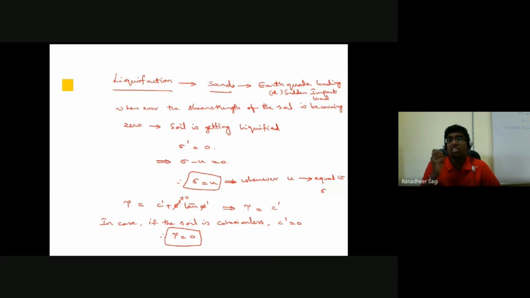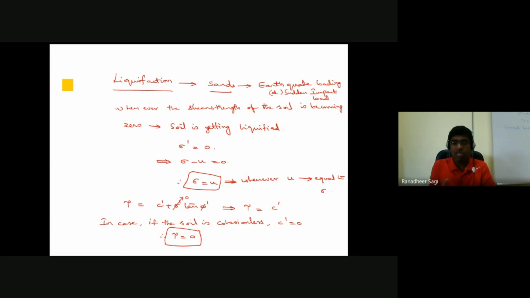Whenever the shear strength of the soil becomes 0, the soil almost behaves like a liquid material, because liquid is the only material which has a shear strength value equal to 0. So the soil which was very strong before is now more or less behaving like a liquid material. Because of that, the structure existing over that ground which got liquefied, you will not see standing there.